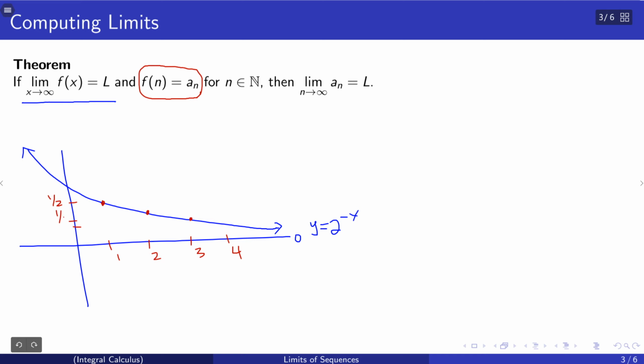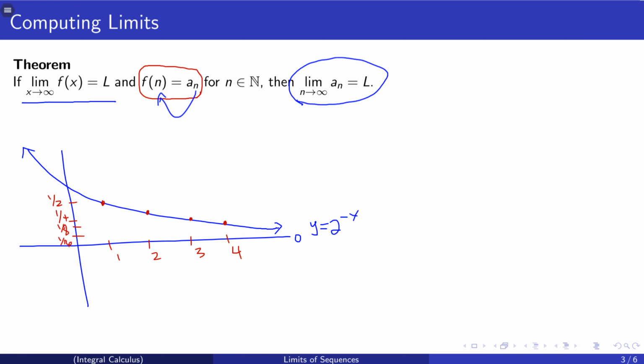Clearly this is not drawn to scale, but you'll get the idea. So this theorem says if all the points of your sequence are on the graph of the function f, then the sequence, as n goes to infinity, has nowhere else to go but L as well, the same limit.